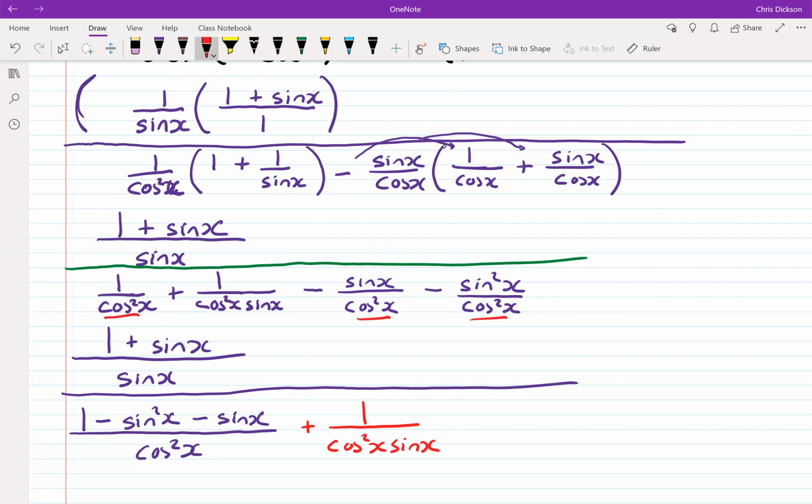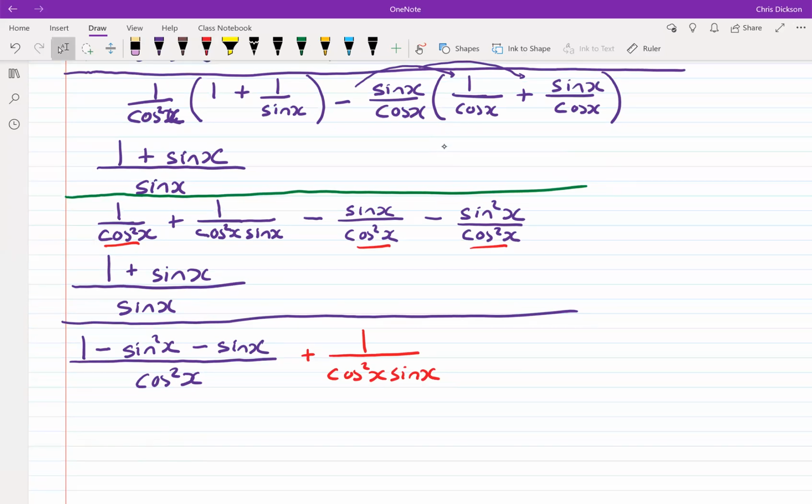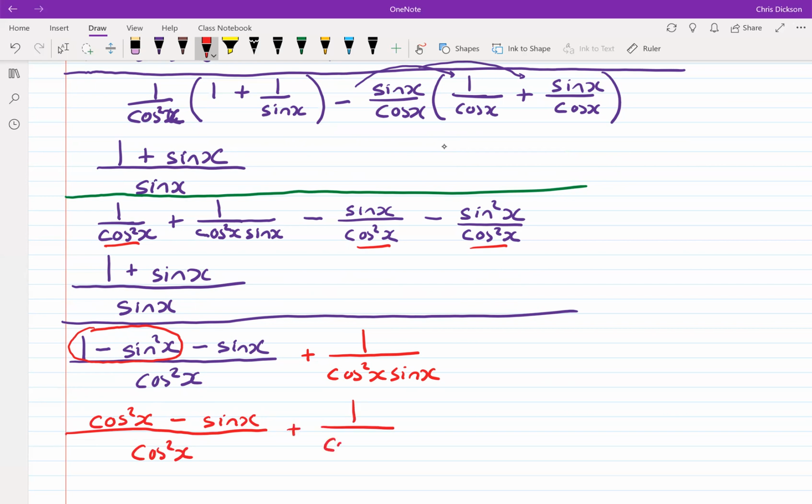And this part here, I could write as cos squared x minus sine x all over cos squared x, plus 1 over cos squared x sine x. Actually, I need to erase that, sorry.